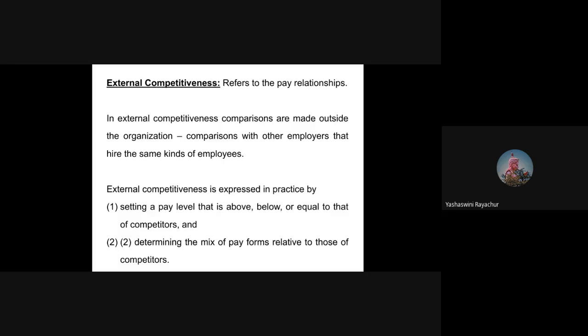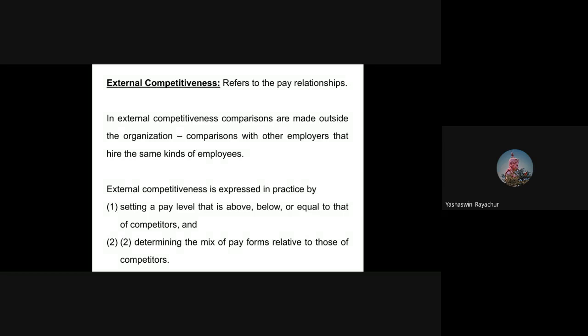Here, in external competitiveness, comparisons are made outside the organization. What we did in the second model, when we were discussing internal alignment, was that similar types of jobs were grouped. While setting internal alignment of the compensation structure, we compared one job with another job within the organization.